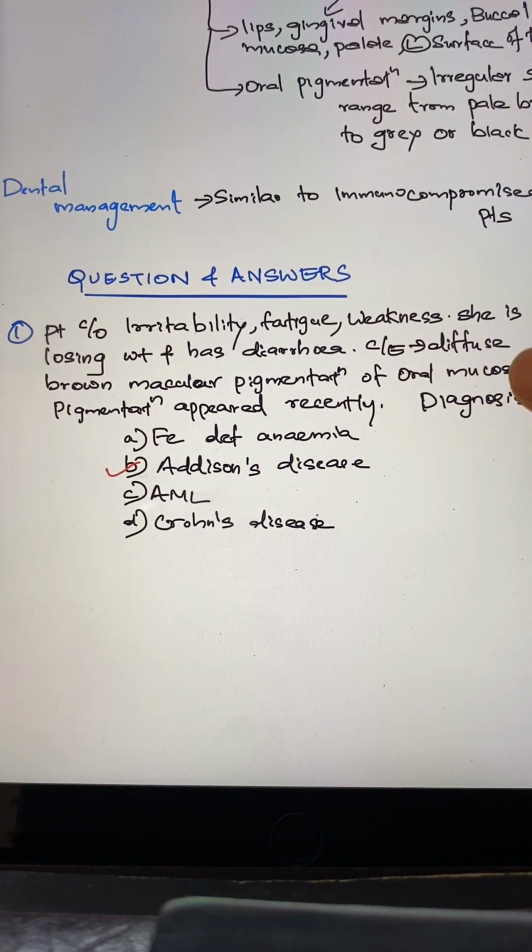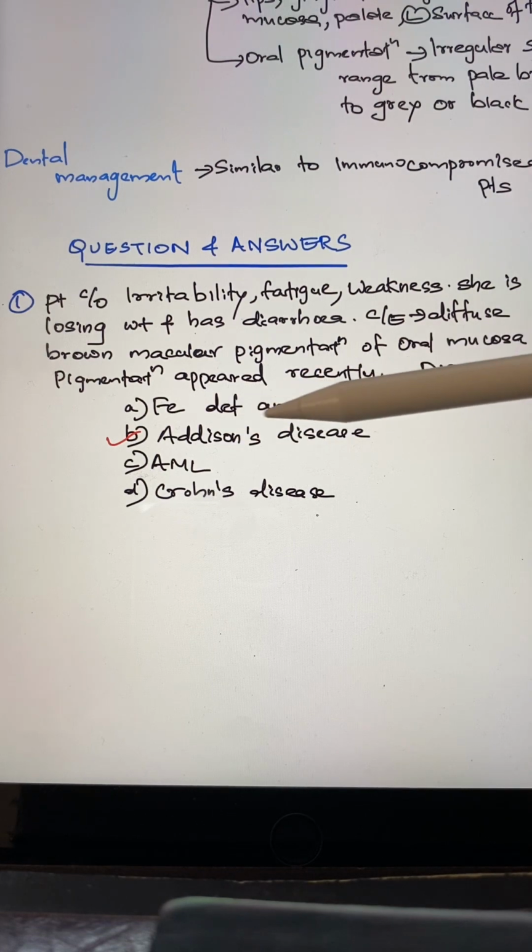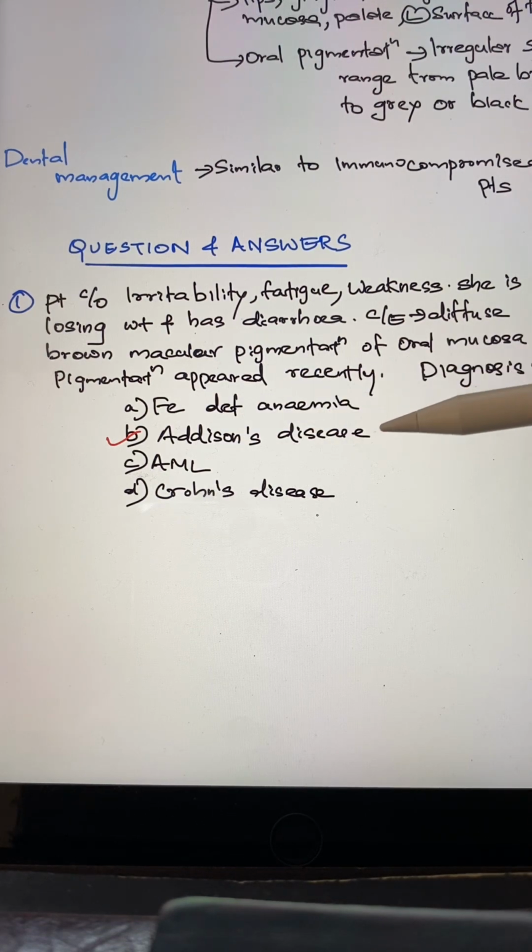Then we need to discuss one question which was asked in AFK. The patient complained of irritability, fatigue and weakness. She is losing weight and has diarrhea. Weight loss is a major symptom of Addison's disease. The clinical examination shows diffuse brown macular pigmentation of the oral mucosa.